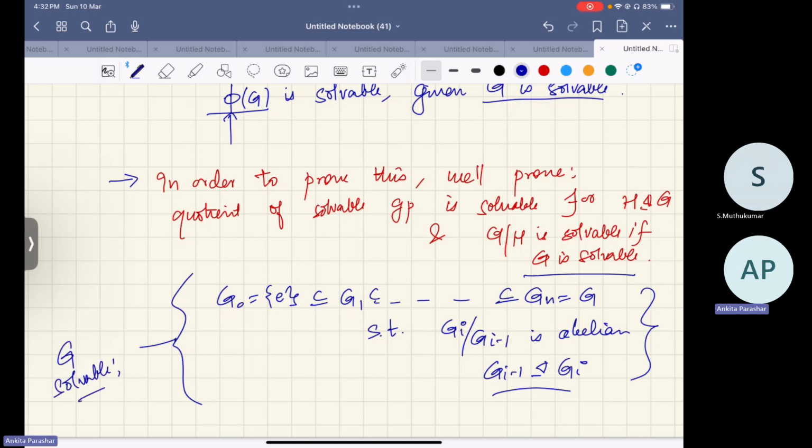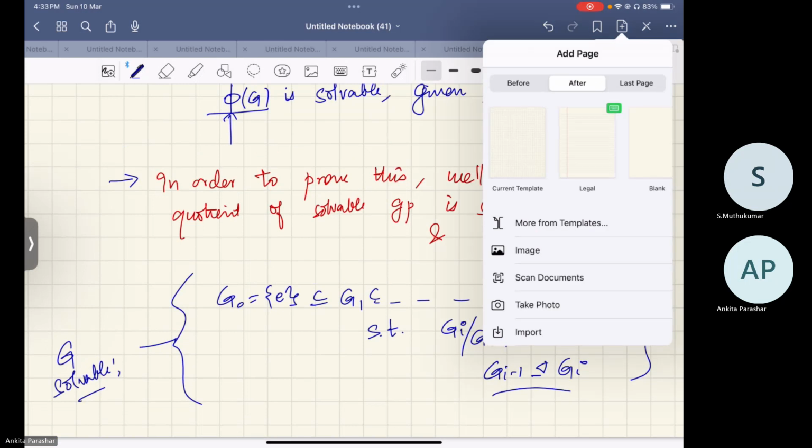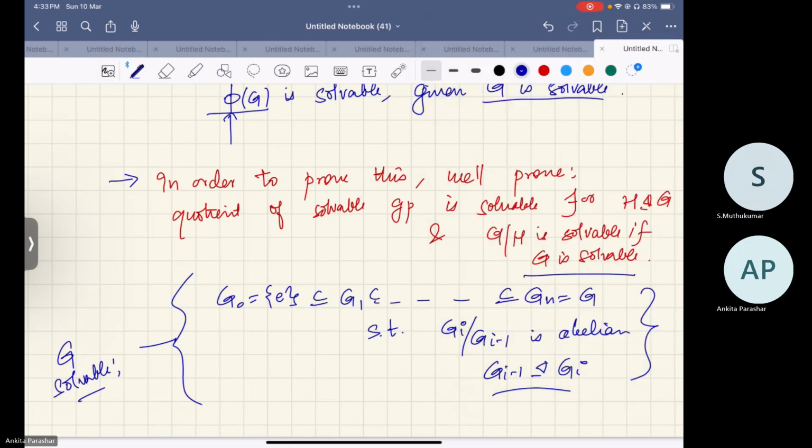Again, we want to modify this chain and make a chain for the group G mod H. All right, so can you guess what that chain is? Take quotient with H throughout.